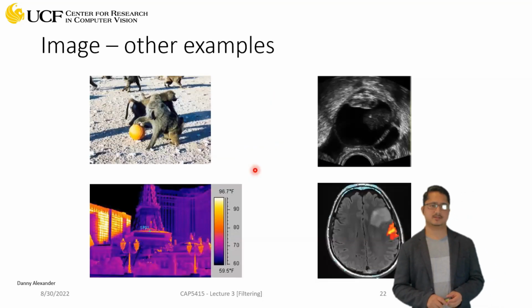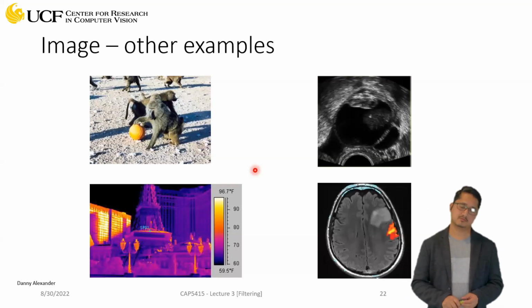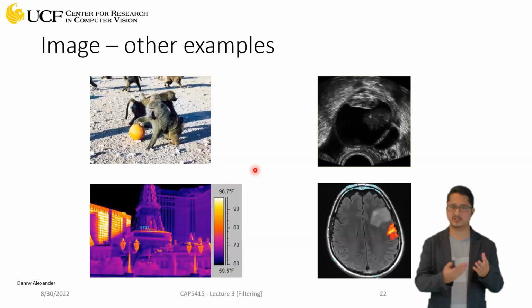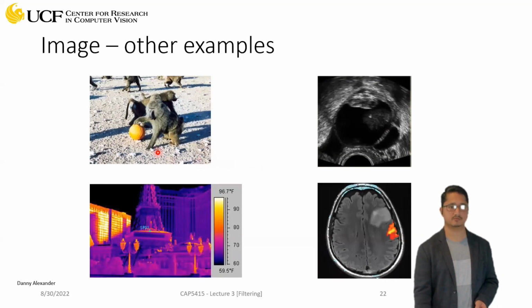All right, then just one last point here. This is really important. Images are not just images which you capture using your regular camera, right? Images can have different forms. And when we do computer vision, we might have these RGB, these normal natural images, but these are also images. So this is, let's say, ultrasound, this is your MRI, and this is infrared, right?